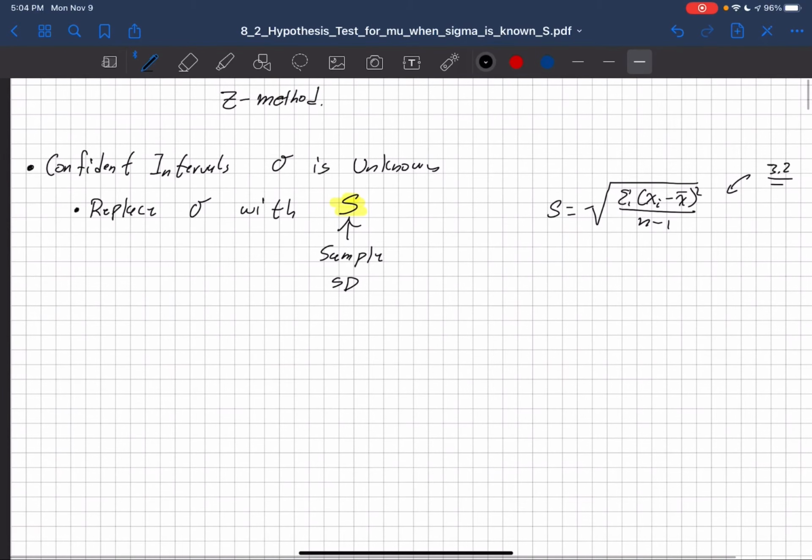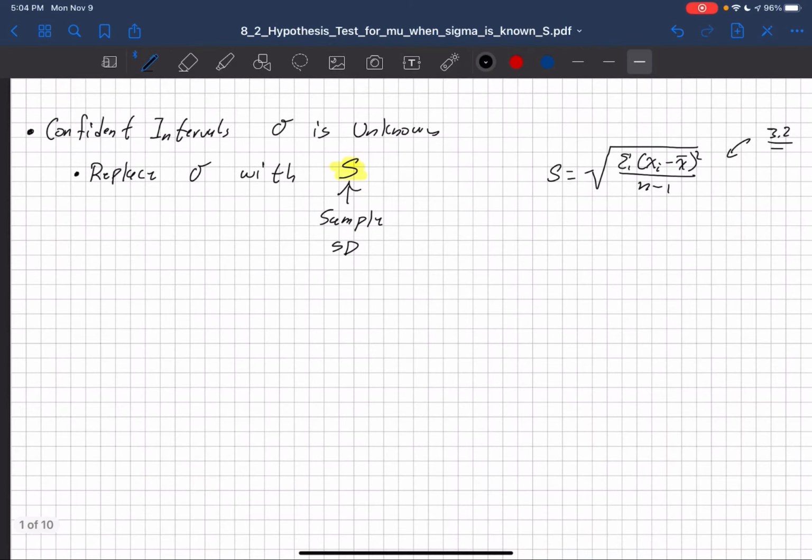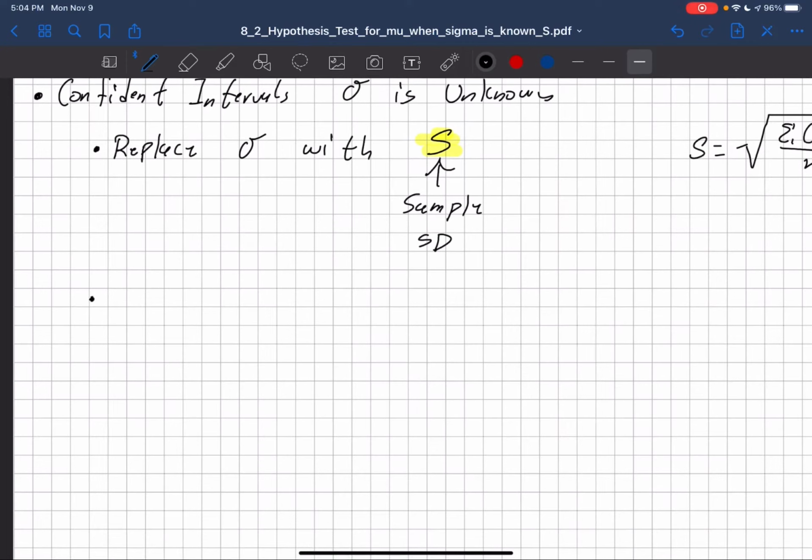Anyways, when we were computing these confidence intervals when sigma is unknown, this is often called the T method, and we use something called the student T distribution. Again, this is just all reminders.